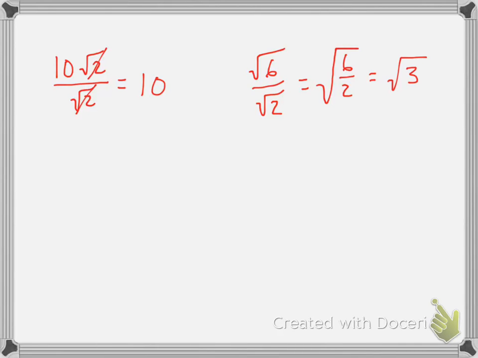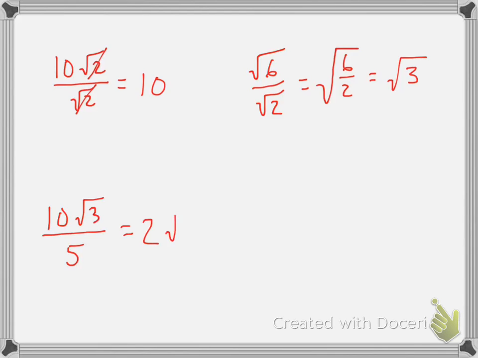So, again, not too bad overall. Let's look at another problem. We could have 10 square root of 3 divided by 5. So again, just use intuition. What do you think that is? 2 times square root of 3.